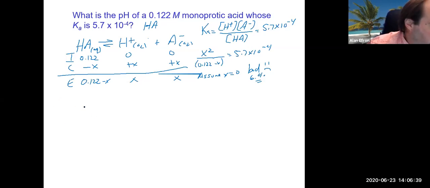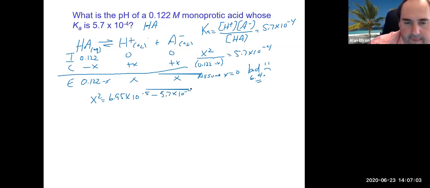If we multiply the bottom to the other side, we get something like x squared equals 6.95 times 10 to the minus 5 minus 5.7 times 10 to the minus 4 x.